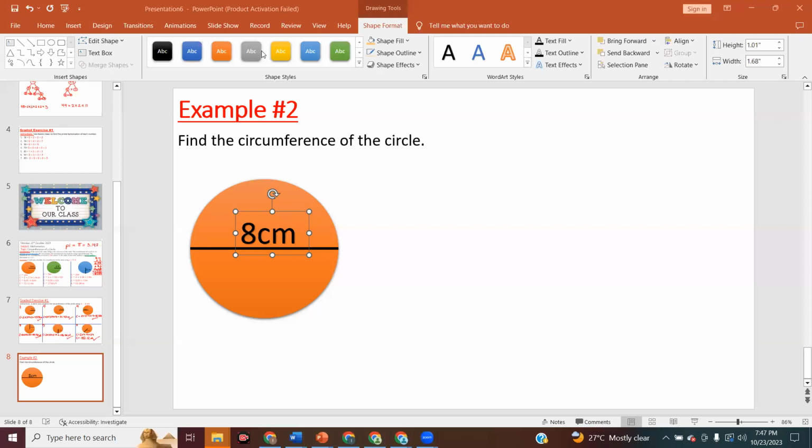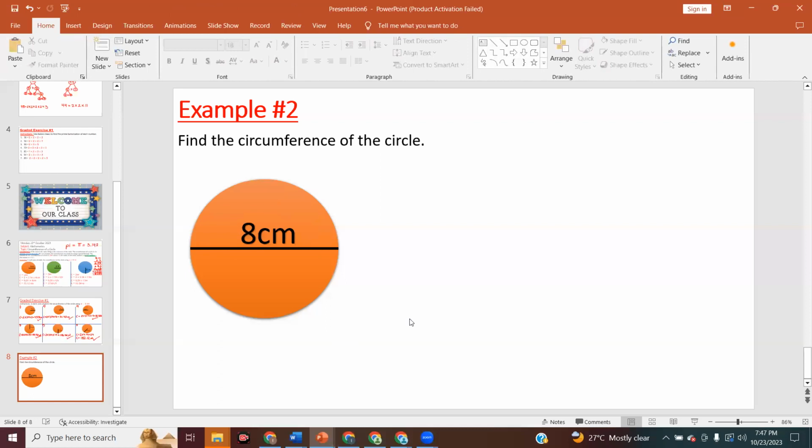Some people say 4, some say 25.12, some people say different things. So what do you think the circumference of the circle is going to be?